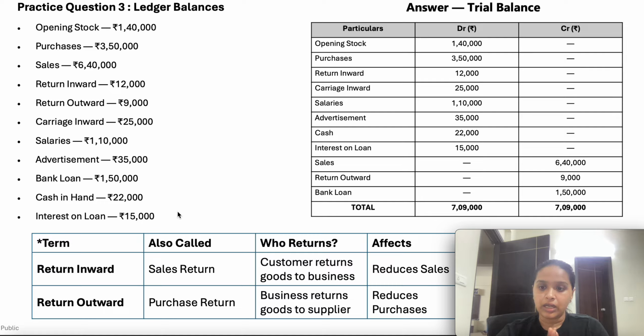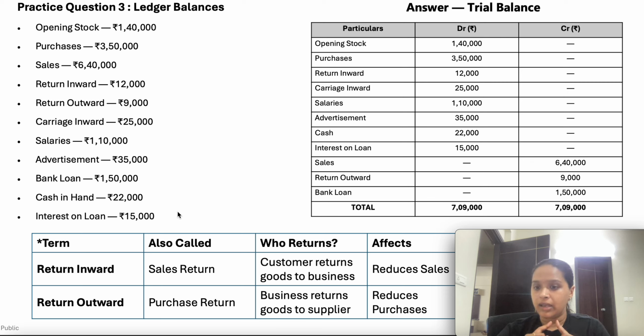So you have to learn only the rules that we have learned while posting the journal entries. We have three types of accounts, and either you can apply those rules, or you can learn that any increase in asset or increase in expenses should be debited, and any increase in capital or revenue should be credited. Also any decrease in revenue or decrease in capital will be debited.